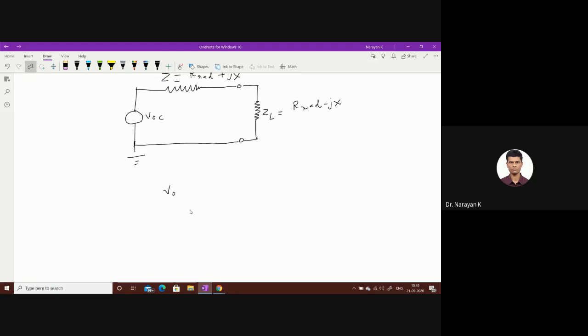So your V open circuit voltage, I can write as modulus value of the electric field into elemental length dl.